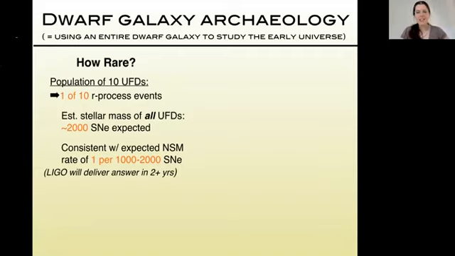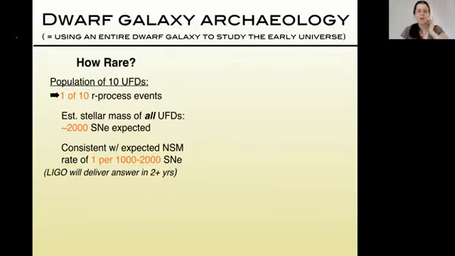That offered an opportunity for us to use the entire galaxy to ask a few questions of this early formation process. But first, we did a pretty simple exercise. At the time, there were 10 ultra-faint dwarf galaxies known, more by now, but I like to stick to this very simple calculation.